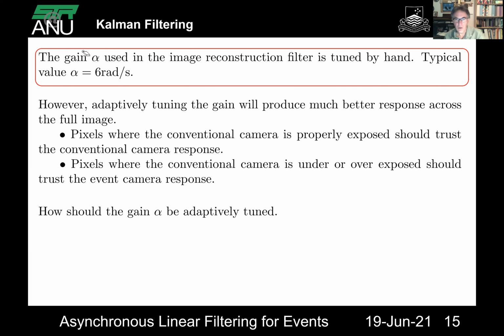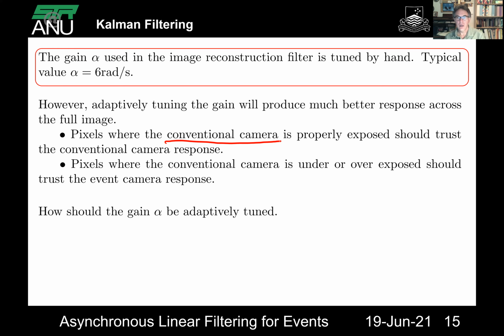And so a key question that we started asking a few years ago is, how would you actually go about adaptively tuning that gain to optimize the fusion between the frame data and the event data? In particular, when the conventional camera is well exposed, then you should be trusting the intensity in the conventional camera response.